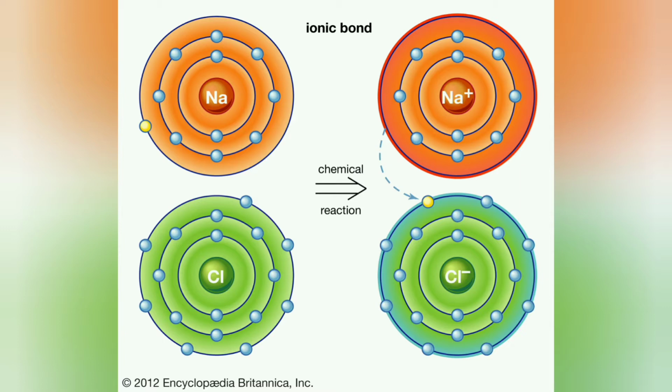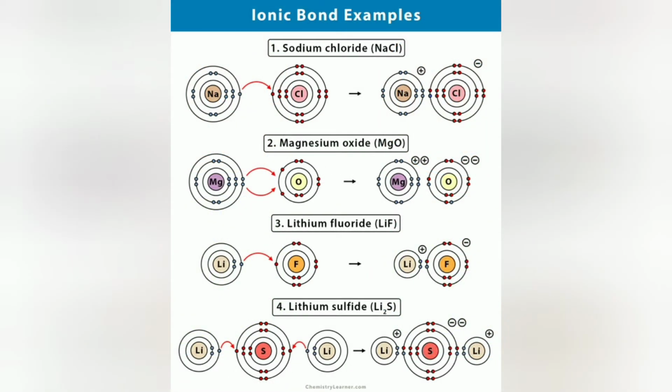It is important to recognize that pure ionic bonding, in which one atom or molecule completely transfers an electron to another, cannot exist. All ionic compounds have some degree of covalent bonding or electron sharing.